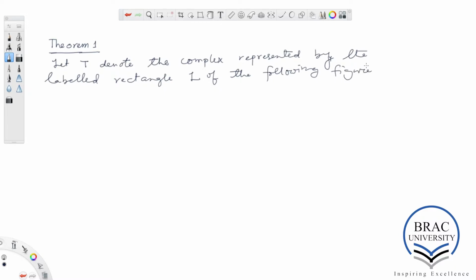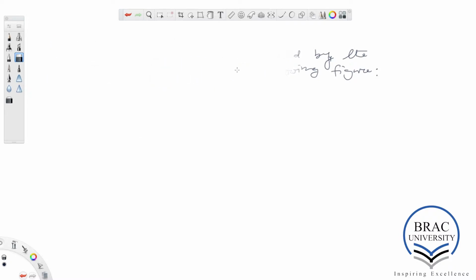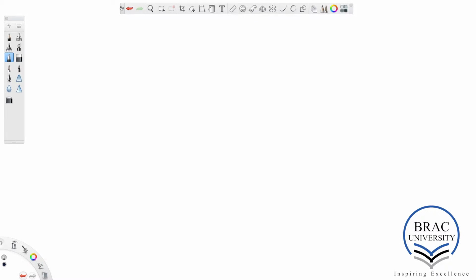Okay, so let me draw it now. The labeled rectangle that I'm going to use for a while. So let me erase everything. I'm going to draw this labeled rectangle now. I want to put it in such a way that I can write without erasing this figure.